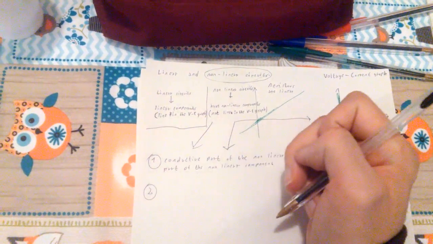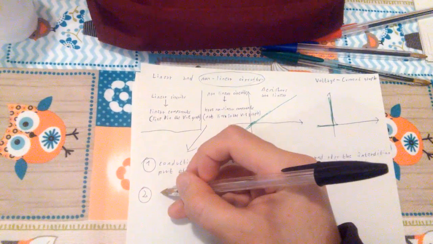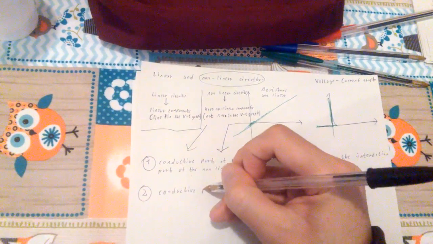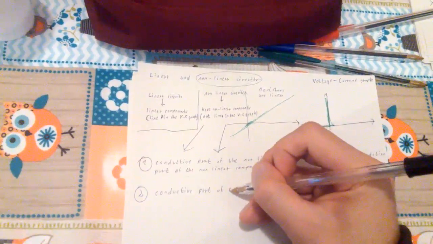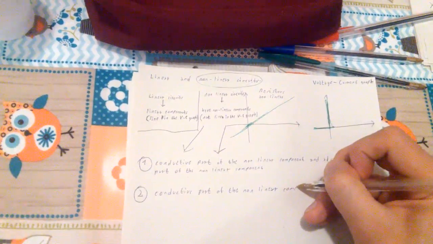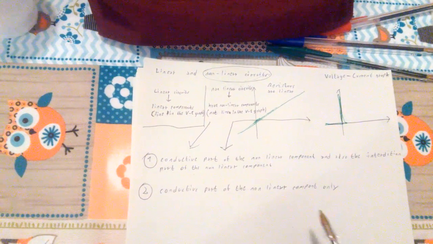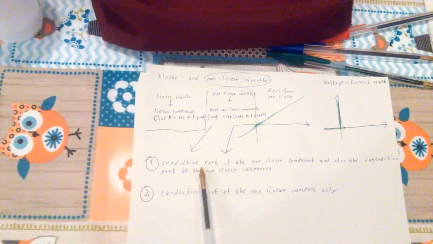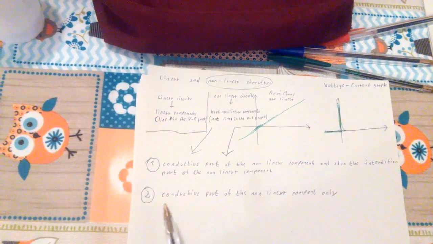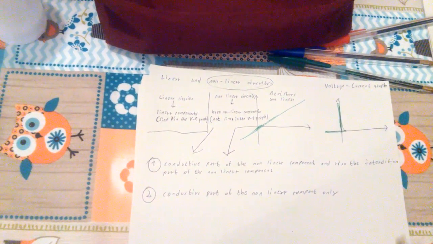And the second category is made by those that use only the conductive part of the nonlinear component.